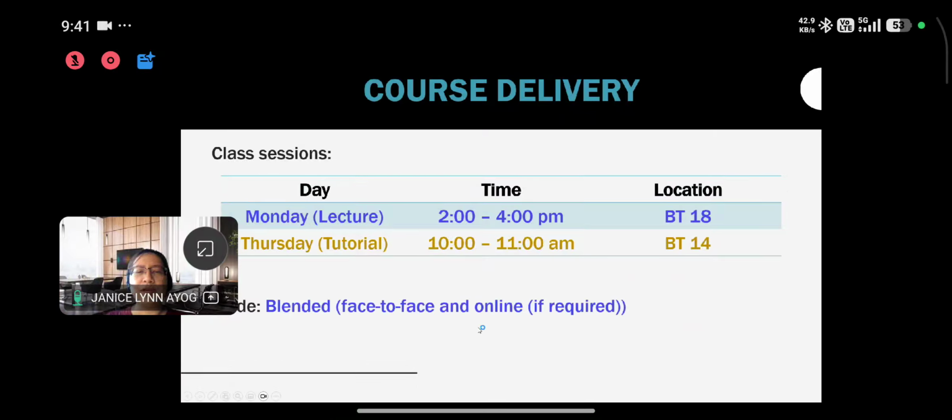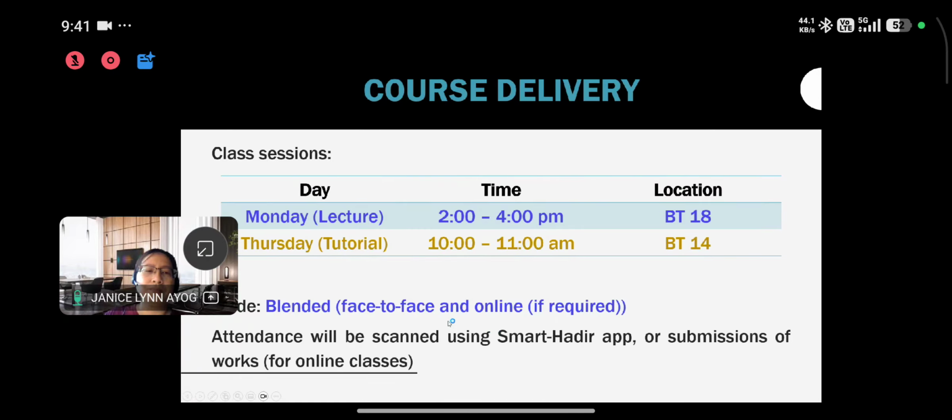The mode is face-to-face and online. We're doing online class at the moment. It's synchronous. If it comes to that, especially in semester 2, we have quite a number of holidays, apparently, so there are cases that we have to move into online. Wherever possible, we'll definitely try to do face-to-face.